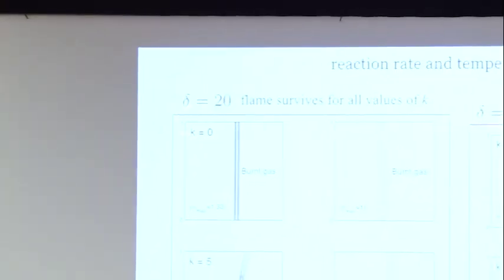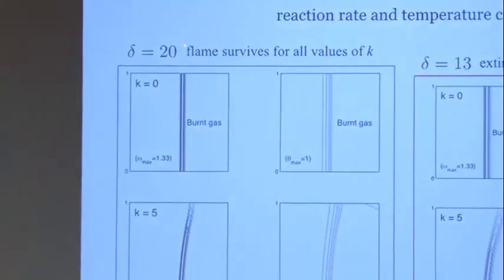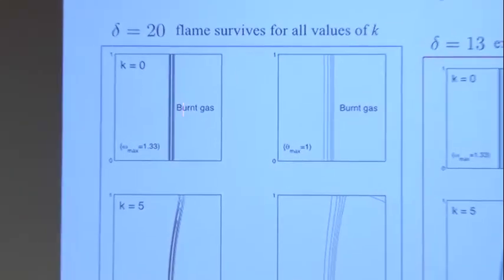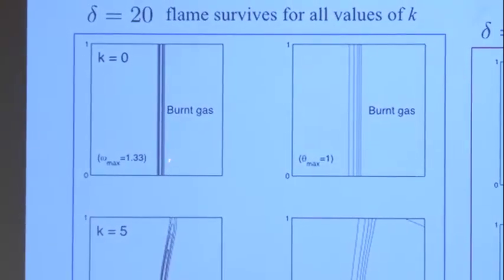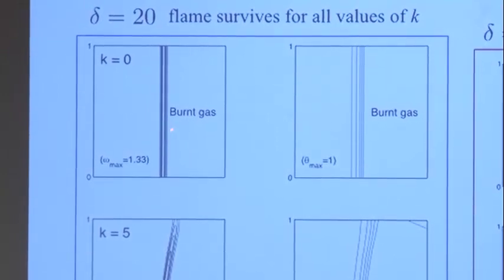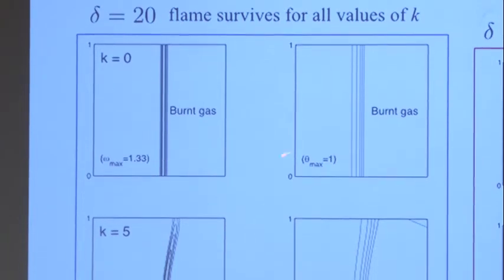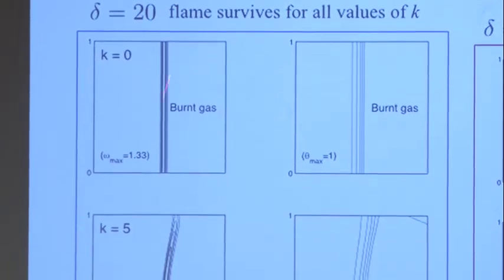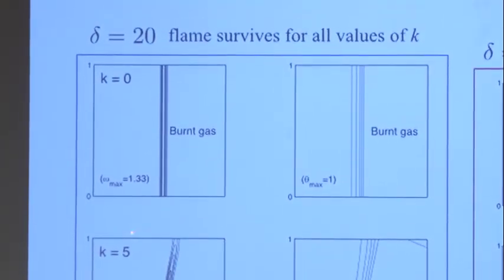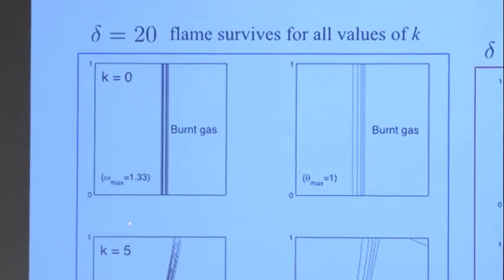So what you see here is that when k equals 0, no heat loss, the flame is flat and adiabatic, and it propagates with velocity u equal to 1. I don't know why it's not written here, but it should have been. In the paper, you can find it.